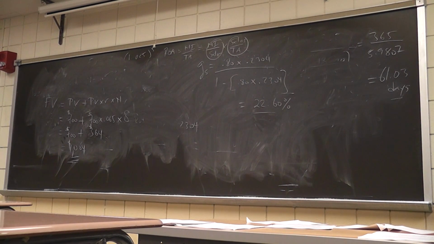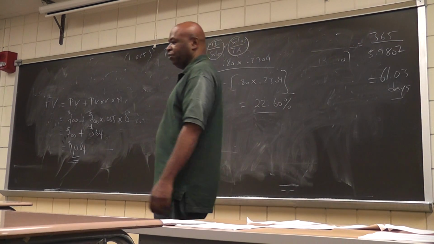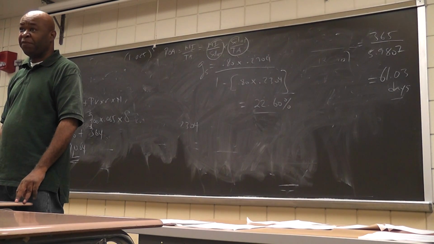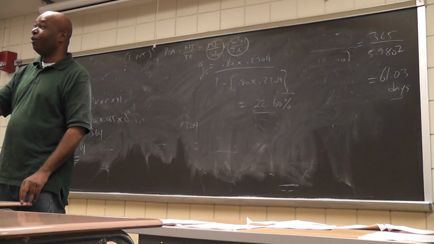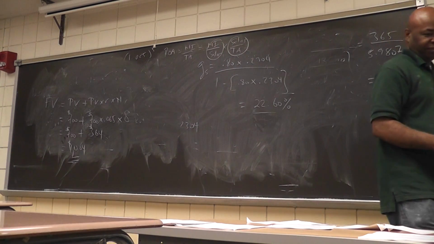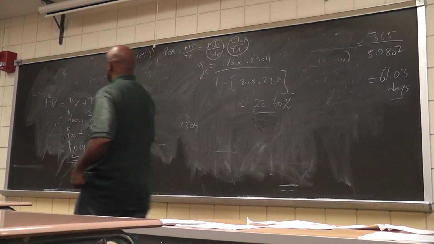Now for the exam, you also need to know how to compute the effect of compounding, right? Remember that one? Total interest minus simple interest. Very good. So compound interest is total interest minus simple interest. So if you have a question on what is the effect of compounding, that means I'm looking for compound interest, right? So again, compound interest, two ways to get it.